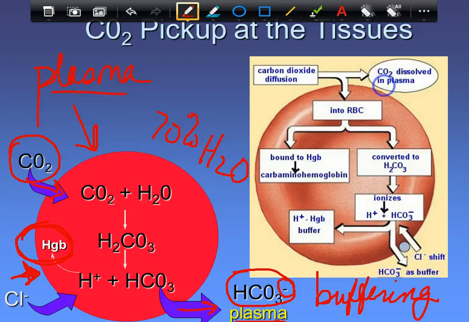You don't want huge amounts of negatively charged ions leaving the cell. That can cause an imbalance. So instead, what we're going to have is a shift of chloride ions, which also have a negative charge, from the plasma into the cell. This is called the chloride shift. You see that right here, what I just mentioned, right down there. So I've given you two different ways to look at it.